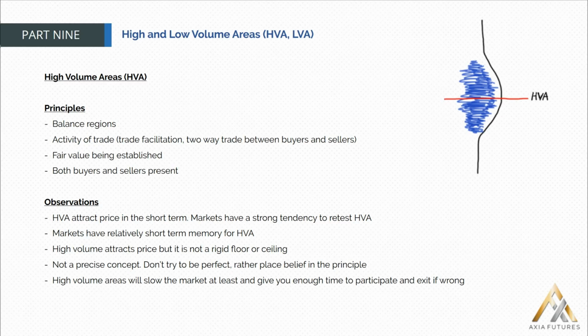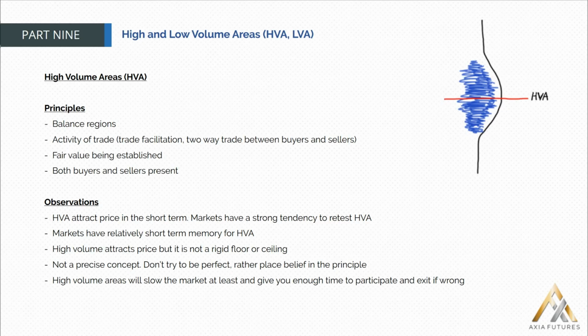We do tend to find that because strategies that are developed tend to trade back towards these high value areas, once previous value is accepted again, we tend to see a little bit of profit taking and two-way trade. So it's very often that a previous value area does slow trade up a bit. So if you do happen to be in a wrong trade or a bad trade, this is the kind of area that could just give you a little bit of time to get out of a sticky or a bad position.